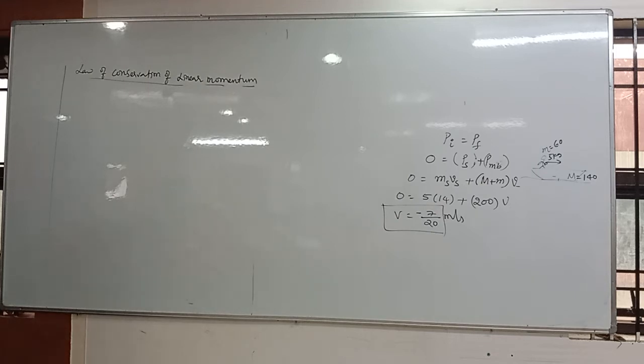One piece of mass 500 kg is left stationary. Then find the velocity of the other part. Before explosion, after explosion, that's it.